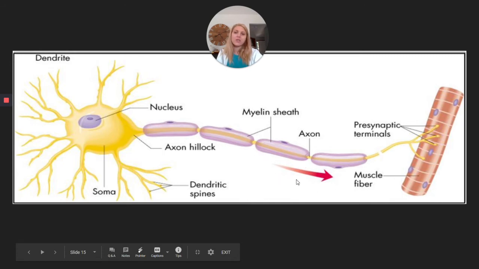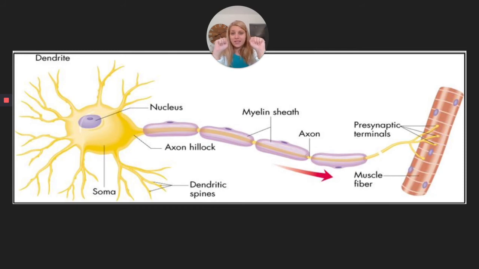My arrow specifically doesn't have the term listed, but the message itself is known as an action potential. And an action potential is made up of two components. It has an energy source, and it has the message itself that is being sent.